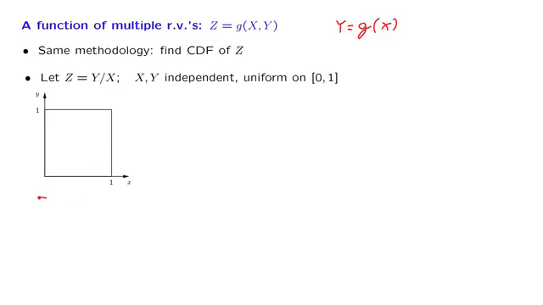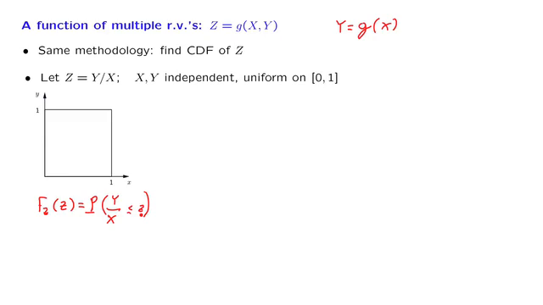So now let us write an expression for the CDF of z, which by definition is the probability that the random variable z, which in our case is y divided by x, is less than or equal to a certain number, little z. What is the probability of this event? Let us consider a few different cases.